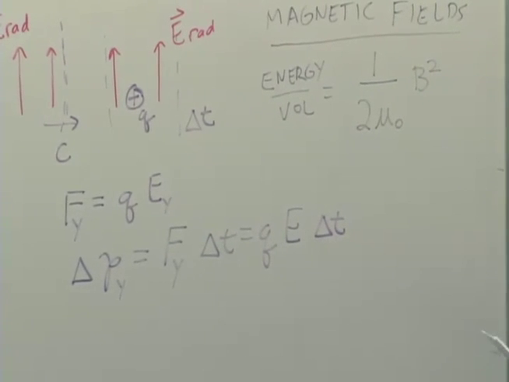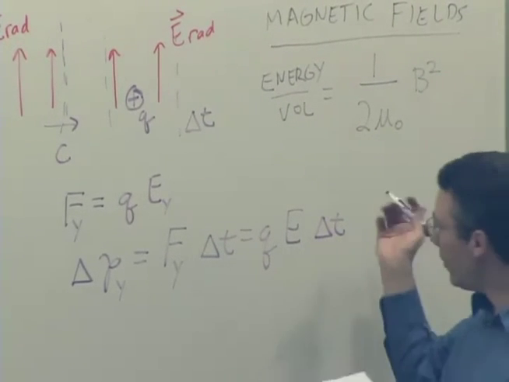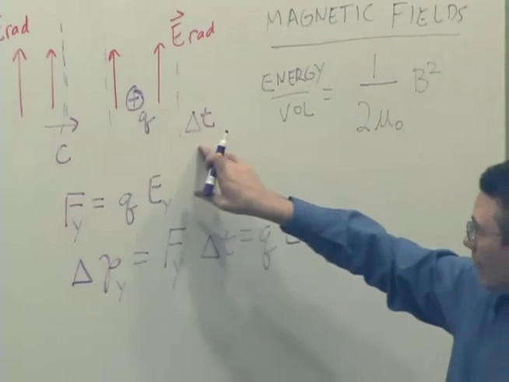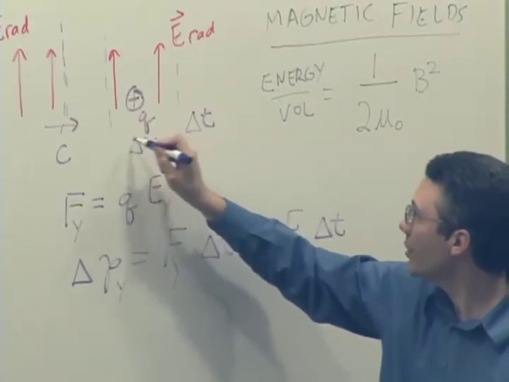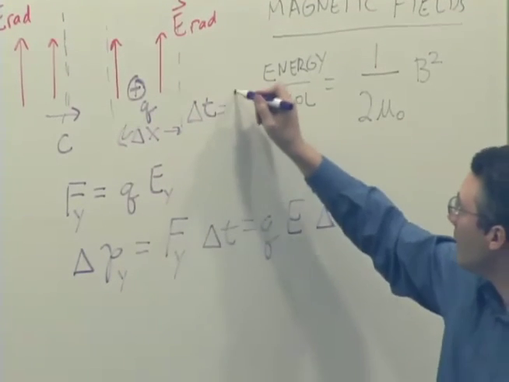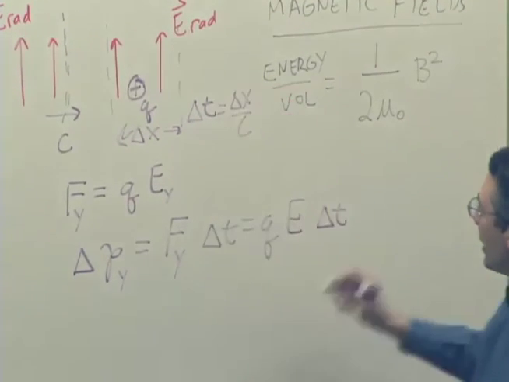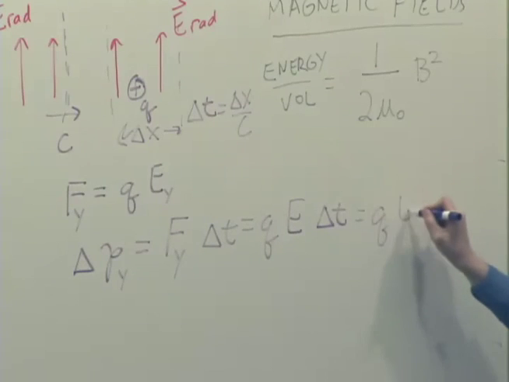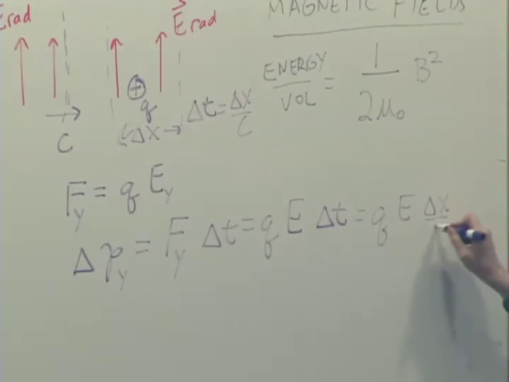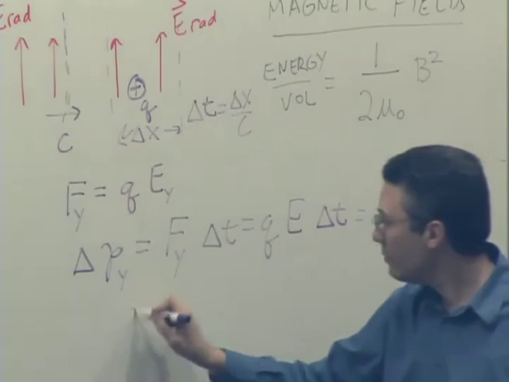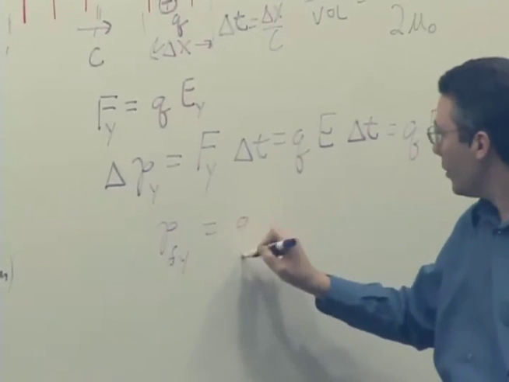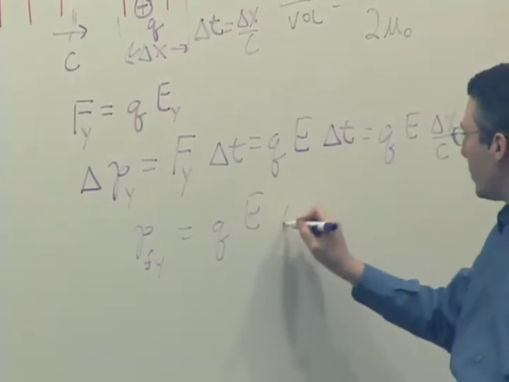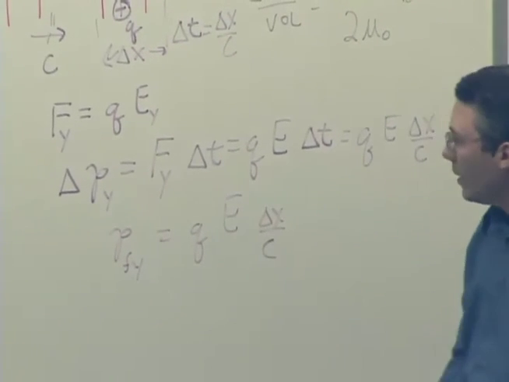The pulse lasts for a time delta t, but I could put that in terms of the pulse width, which is delta x, so delta t is going to be delta x over c, but neither here nor there. Then we can ask, what about the energy? The final momentum, if it starts from rest, p final, is going to be Q times E times delta x over c.